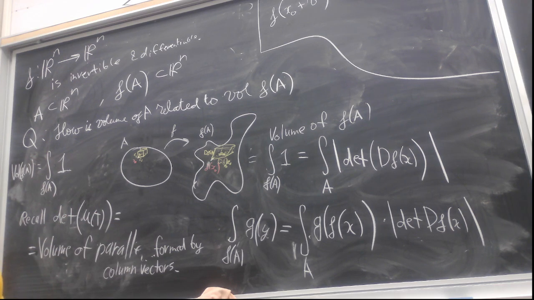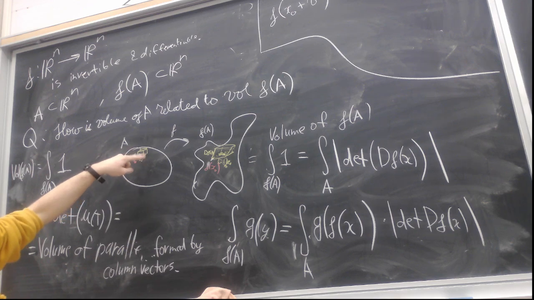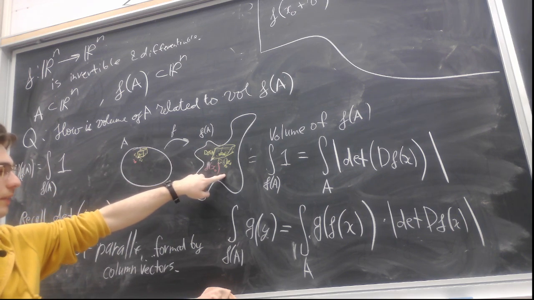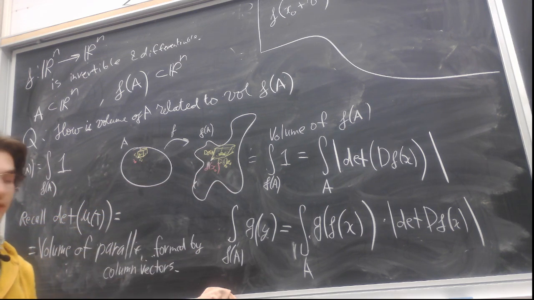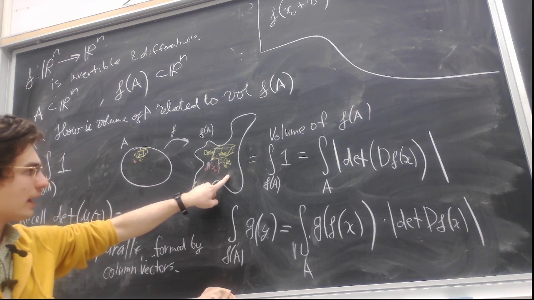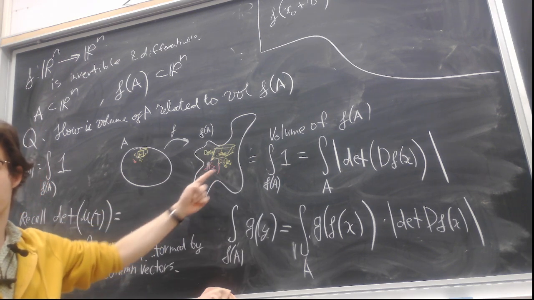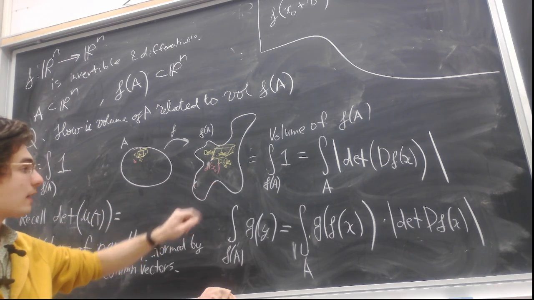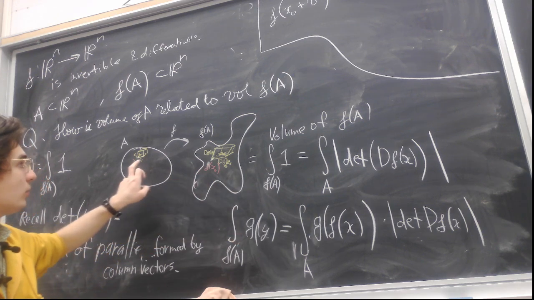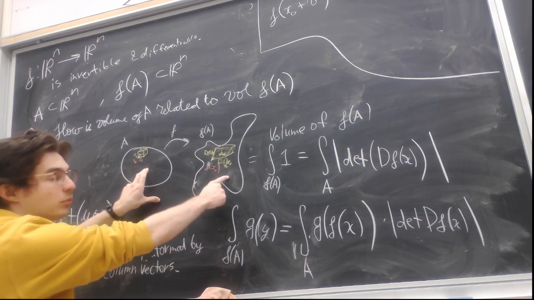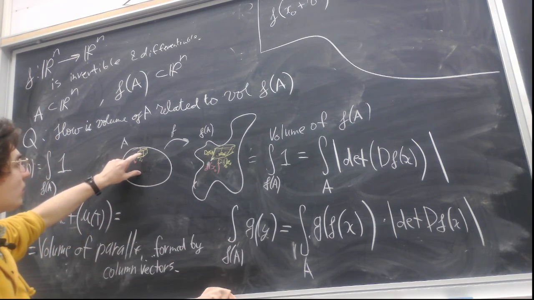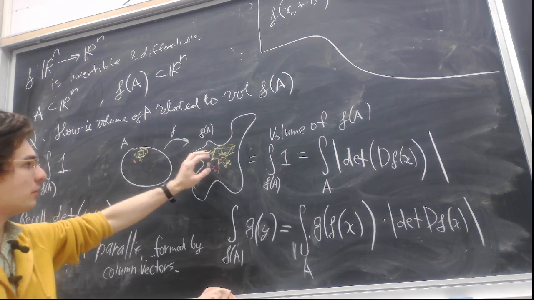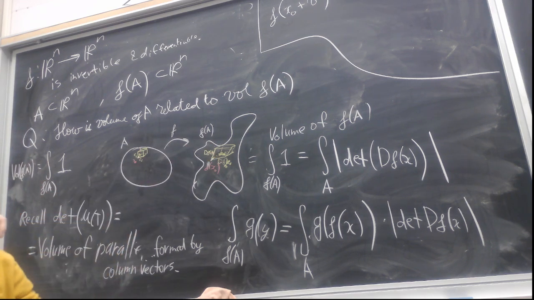Because if I'm integrating some function around here, this integral is choosing straight coordinates here. That's what this is doing. But if I wanted to integrate over this instead and still get the volume here, I need to see how a straight box gets curved by f, and compute the volume that way.